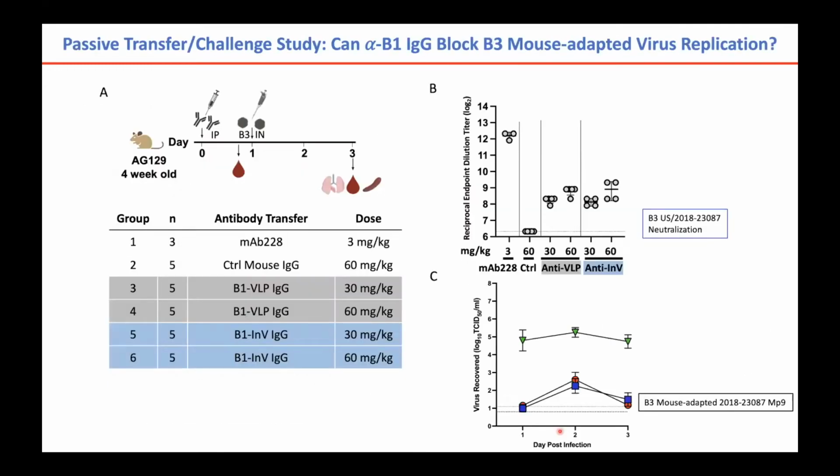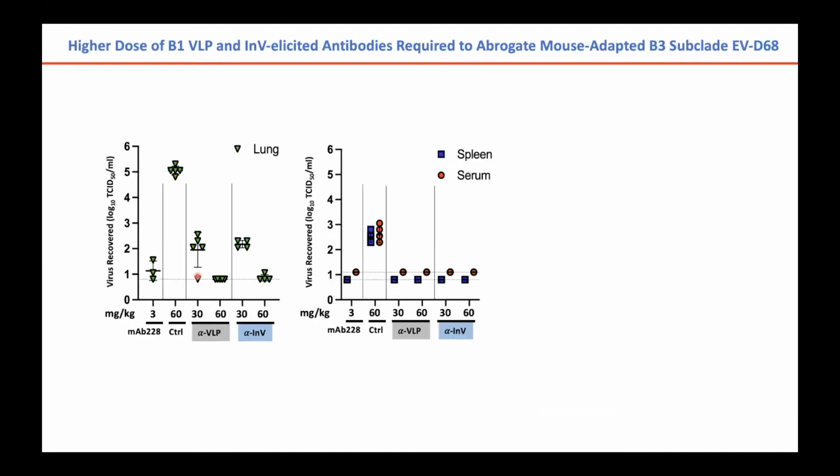To confirm this in vivo, we did another passive transfer study. This time, we used a B3 mouse-adapted virus that I made in the lab to do the challenge, to look at the ability of the B1 subclade immunogens to neutralize the B3 virus in vivo. What we found was that we had to give the maximum dose of antibody from the B1 vaccinated mice in order to completely neutralize the virus.